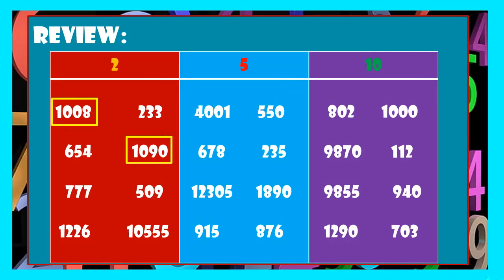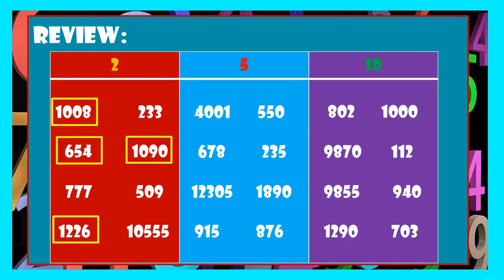What else? 654. What else? 1226. So why are these numbers divisible by 2? These numbers are divisible by 2 because all the numbers end with an even number.